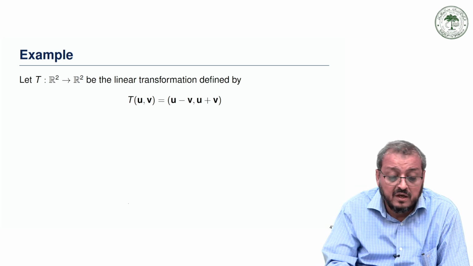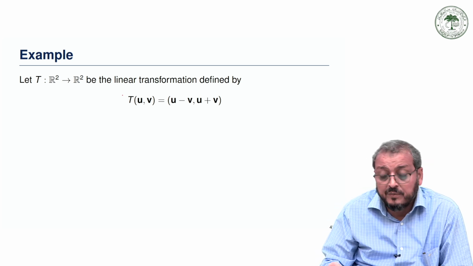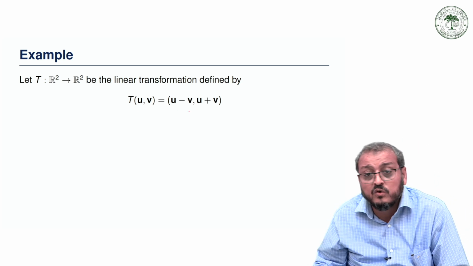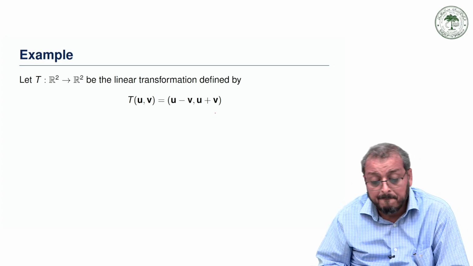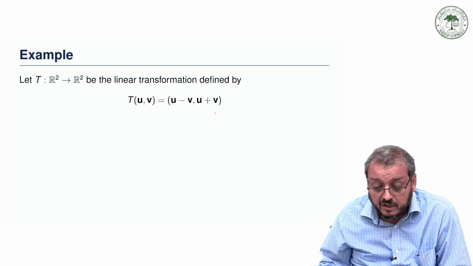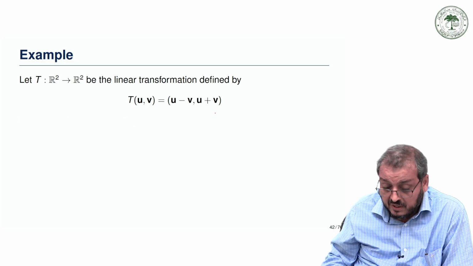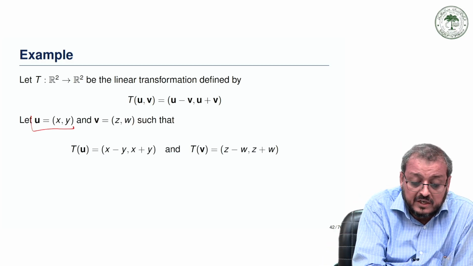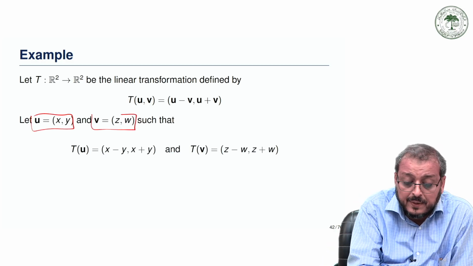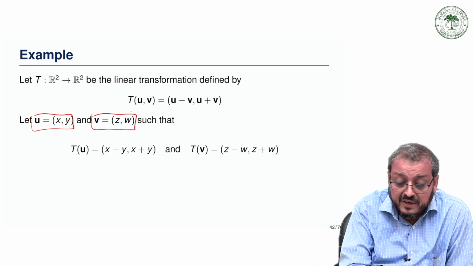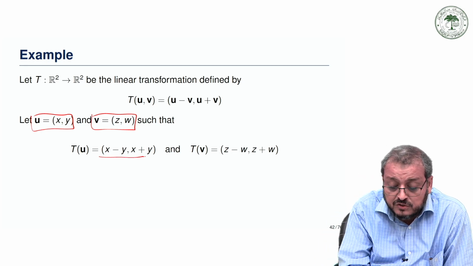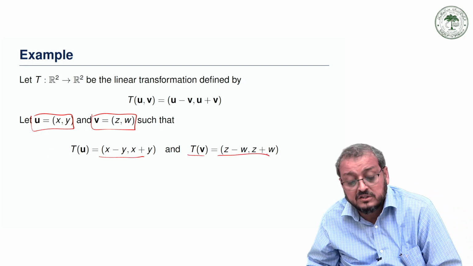Suppose T is a linear transformation defined by T(u) = (x - y, x + y). We take two different elements: u = (x, y) and v = (z, w). By the definition, T(u) is of this form and T(v) is of this form.